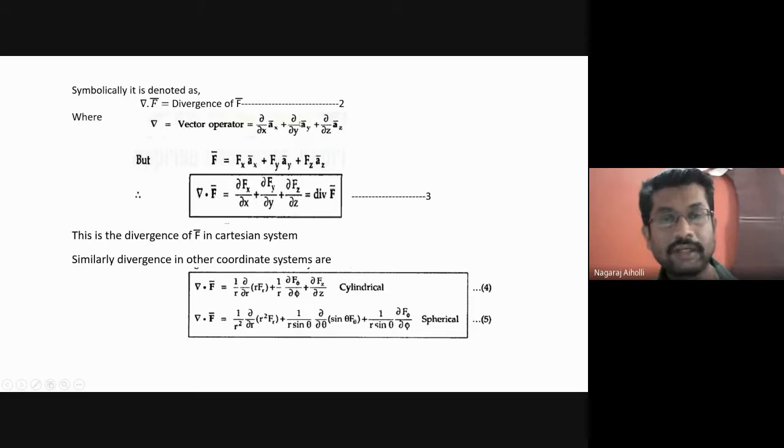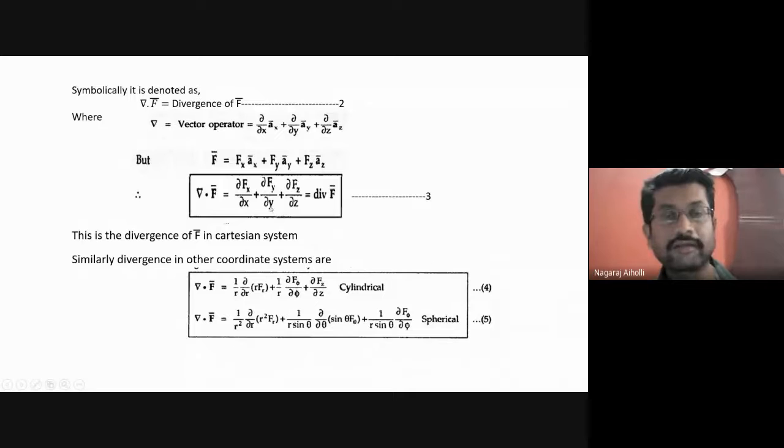Then we get only dou fx by dou x plus dou fy by dou y plus dou fz by dou z. This is called the divergence of the vector field f bar. Take it as equation 3. This is the divergence of f bar in the Cartesian system.